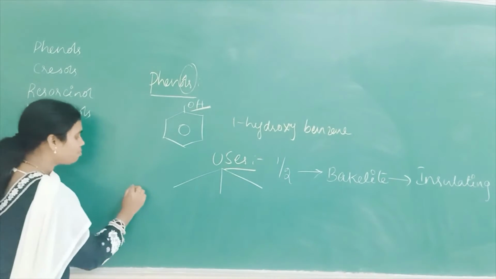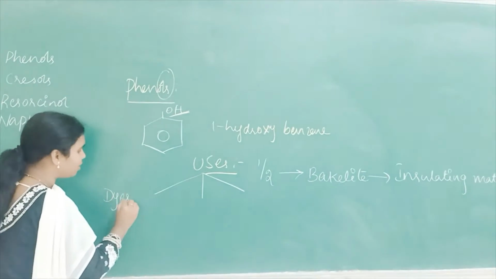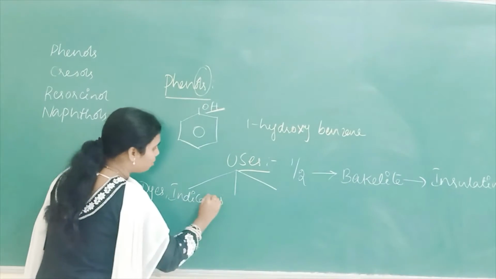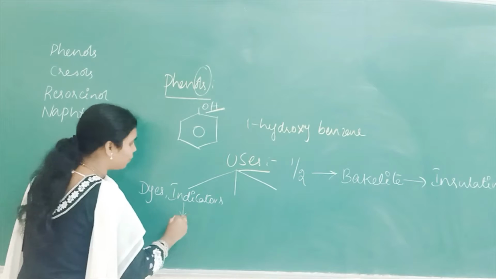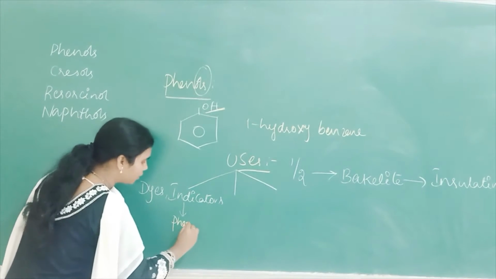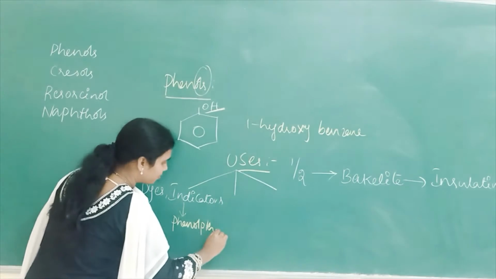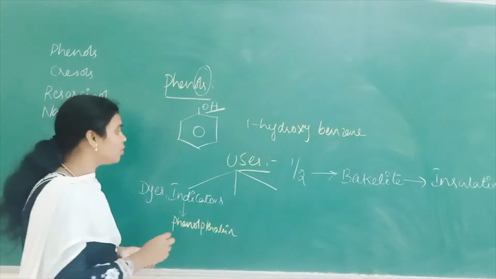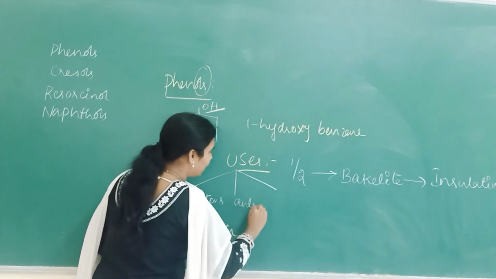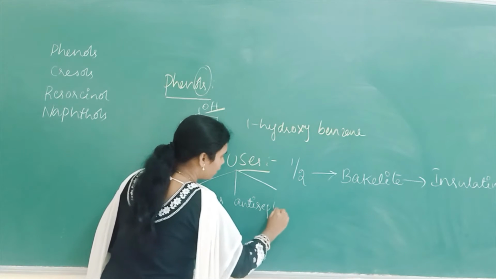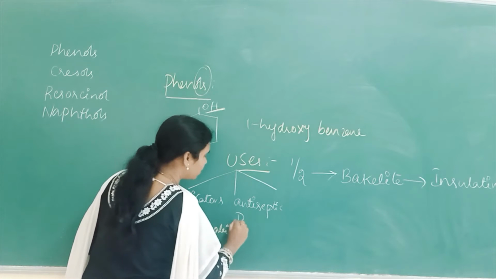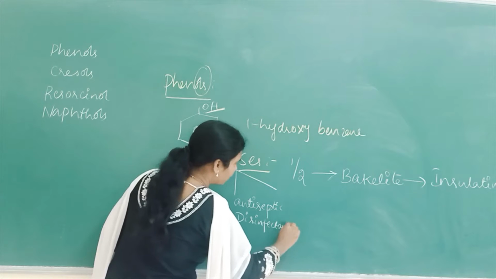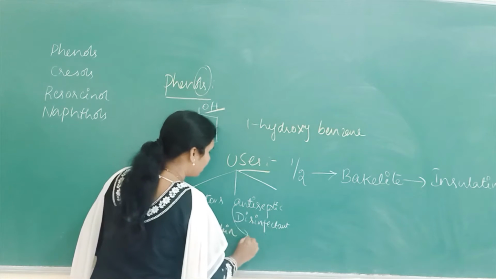It is used to manufacture or synthesize dyes and indicators. The best example of an indicator using phenol is phenolphthalein. It is also used as an antiseptic and disinfectant. The best example of the antiseptic property you will see in Dettol.